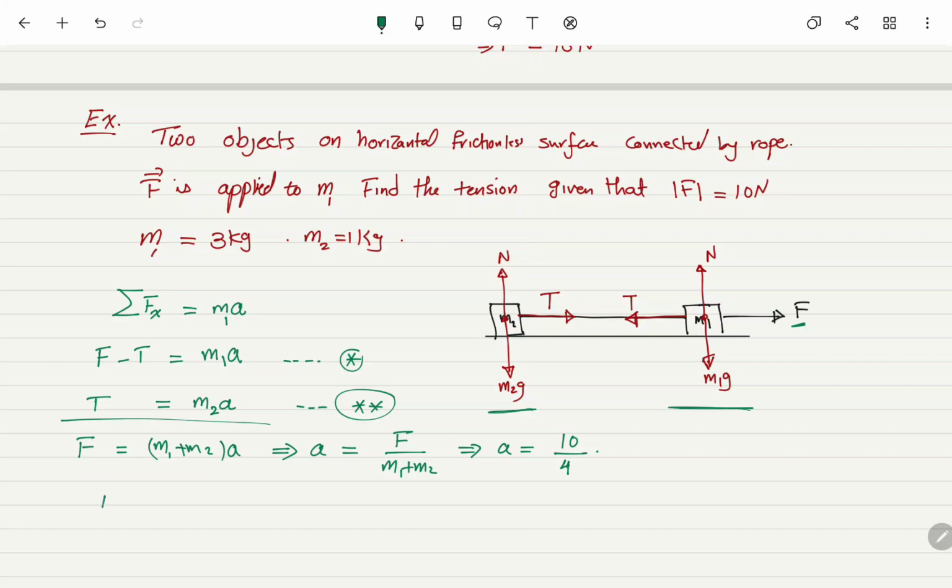Now tension equal to M2A, or tension equal to 1 multiplied by 10 over 4, or tension equal to 2.5 newtons.